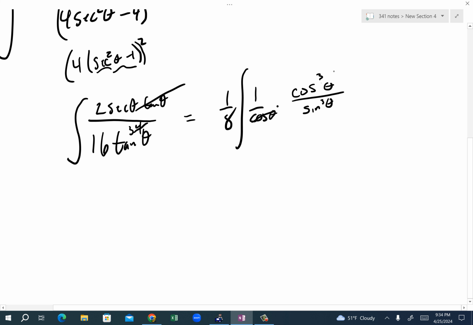True dat, homie. And you end up with this thing. Now you're like, wait, what is that exactly? I'm not sure that I recognize him. Well, it's going to be 1/8. And so you're going to end up with, well, I see cosine squared over sine squared, which is cotangent squared, right? And then there's an extra 1 over sine.